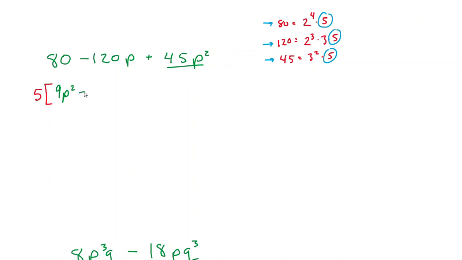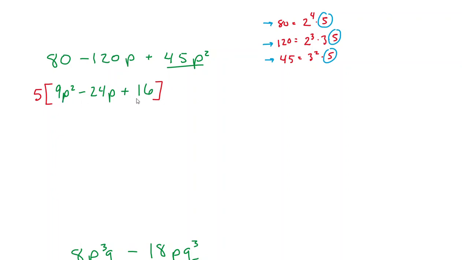So negative 24p. And then plus the 80 divided by 5, which is 16, right? Okay, so there it is.